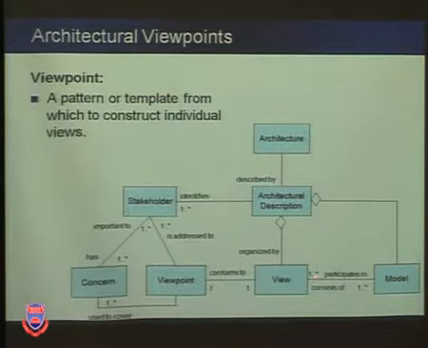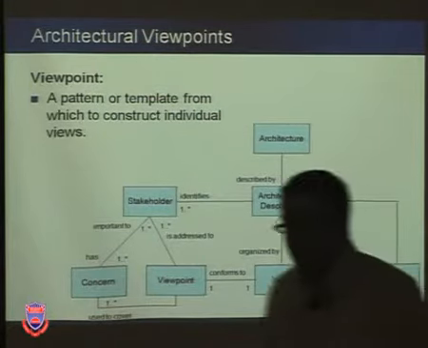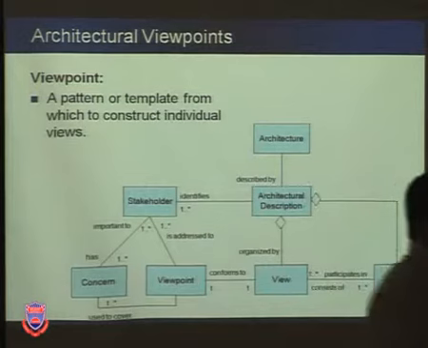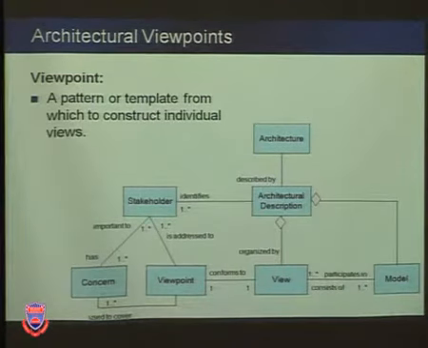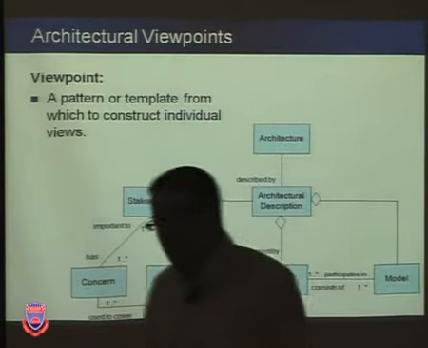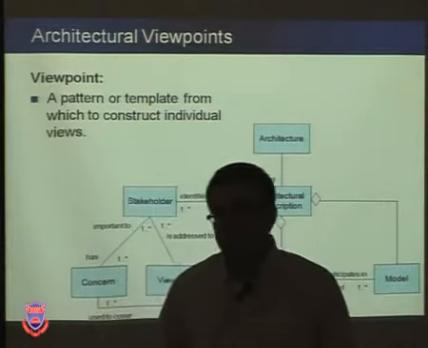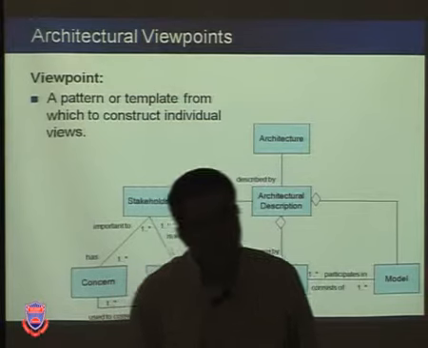A view conforms to some viewpoint, and the key motivation for applying different views was, of course, that we have different stakeholders who have different interests in the system. As a key principle, we said we should separate these concerns and model the architecture accordingly.